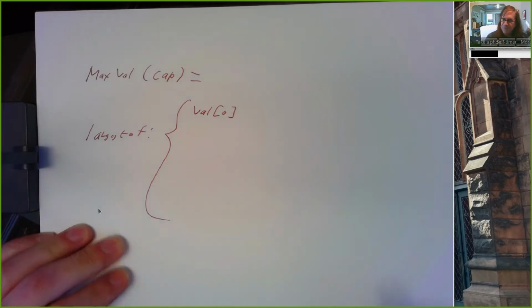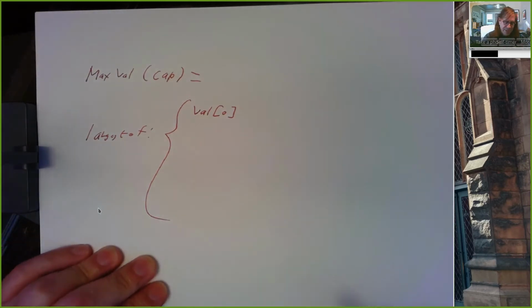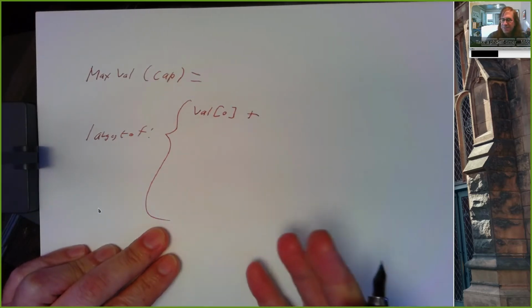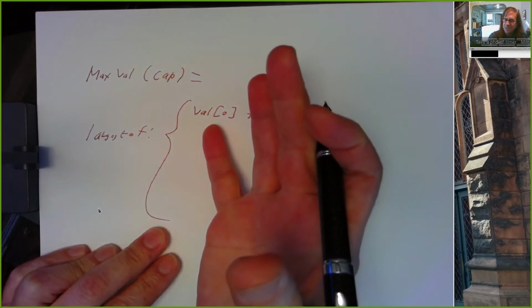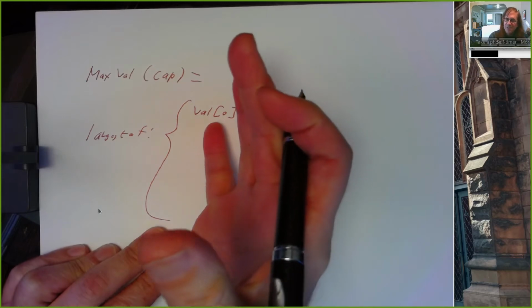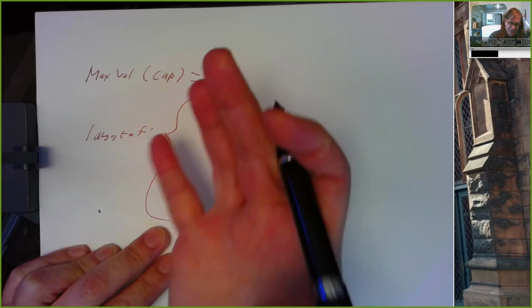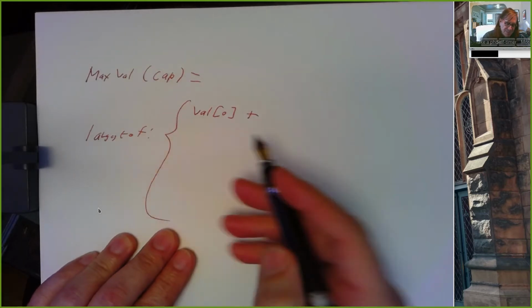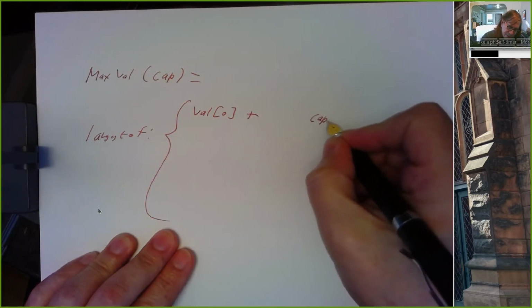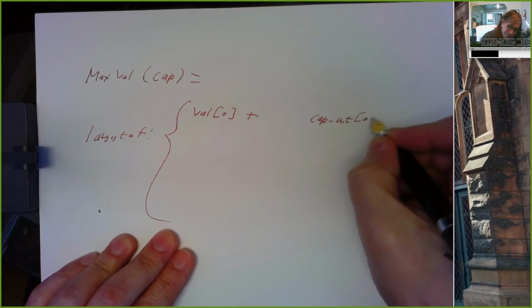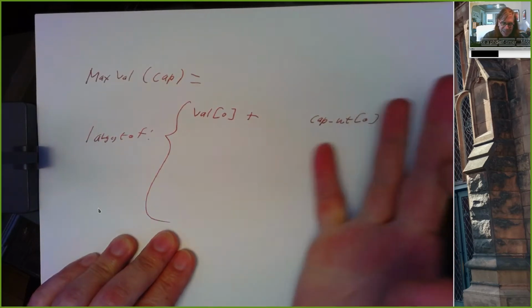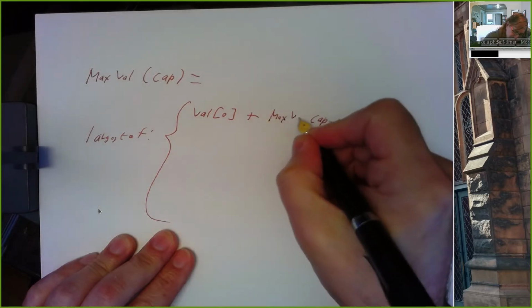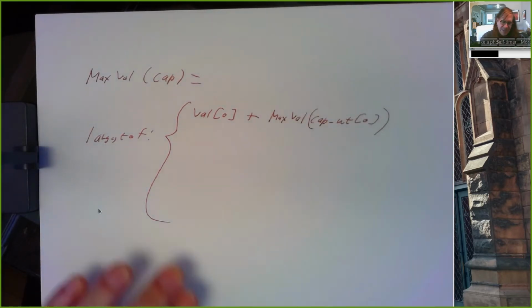The value of the first item in our inventory of items, which is what we get out of our bag if we start by putting in item 0. We get the value of item 0. And then the holding capacity of our bag decreases by the weight of item 0. So we have capacity minus weight of item 0. That's how much capacity we have left in the bag. And what's the most we can get out of that? It's just max val of that number.